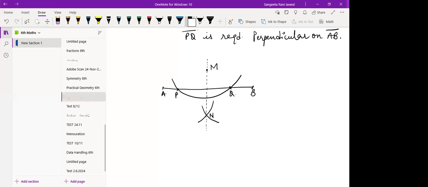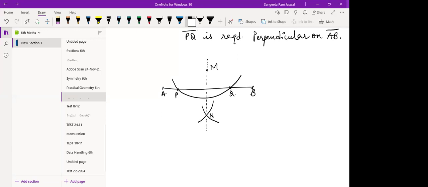Join MN. Now check with the protractor. Yes, ma'am. It's 90 degrees. 90 degrees now. So you have constructed a perpendicular.